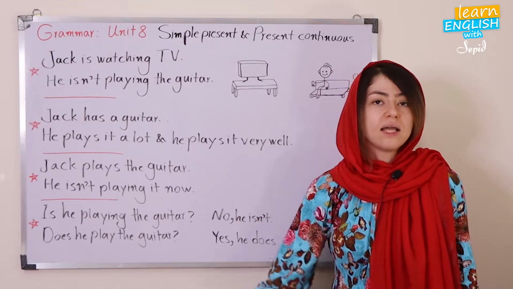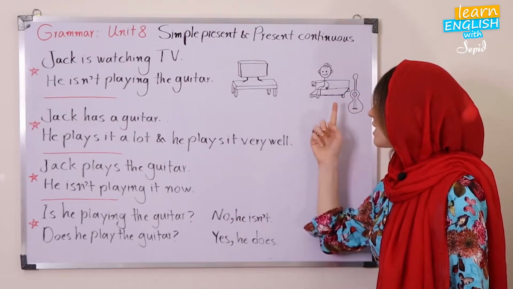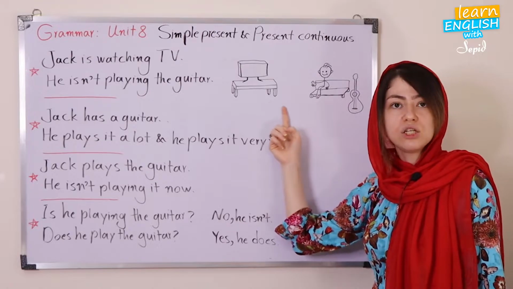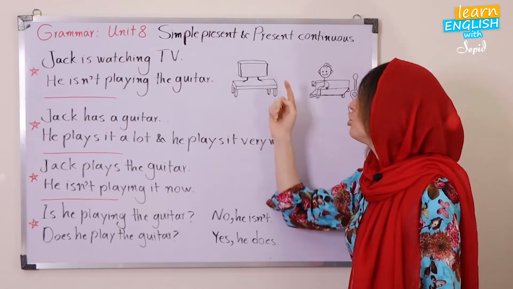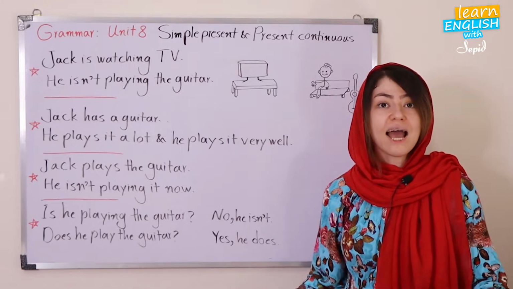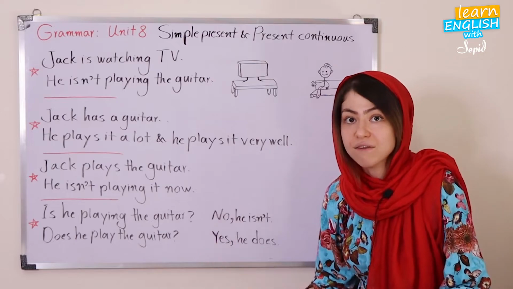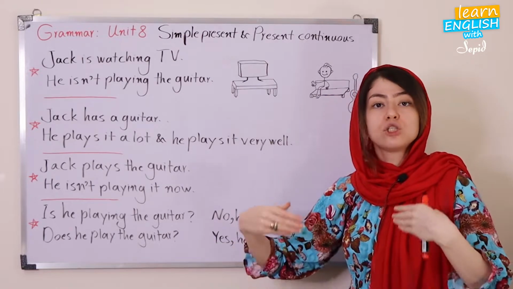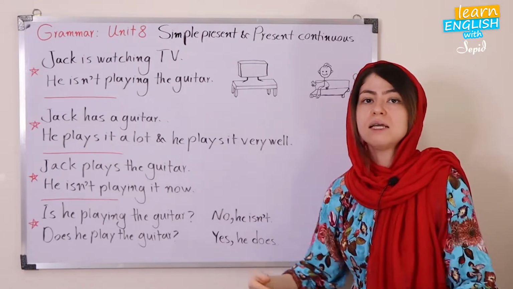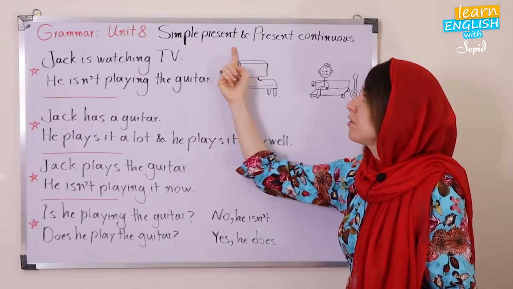Okay, so let's just have an overview. For the actions that Jack is doing right now, we should use present continuous. For the actions that are generally true in Jack's life and always, usually, on a regular basis, he does them, we should use simple present.